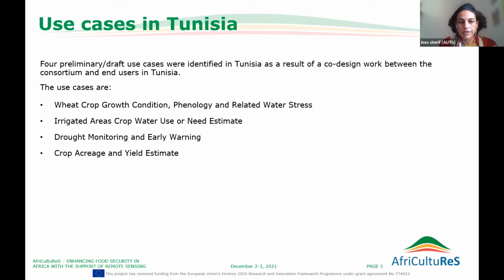We decided during this workshop to focus on the first one and the third one, which will be presented later on by Vasilis, as the more mature ones, and to get first feedback from you on that.